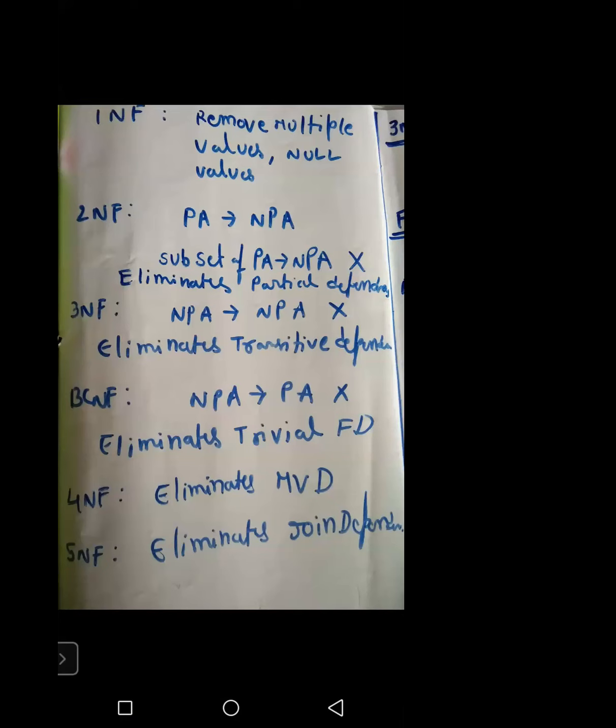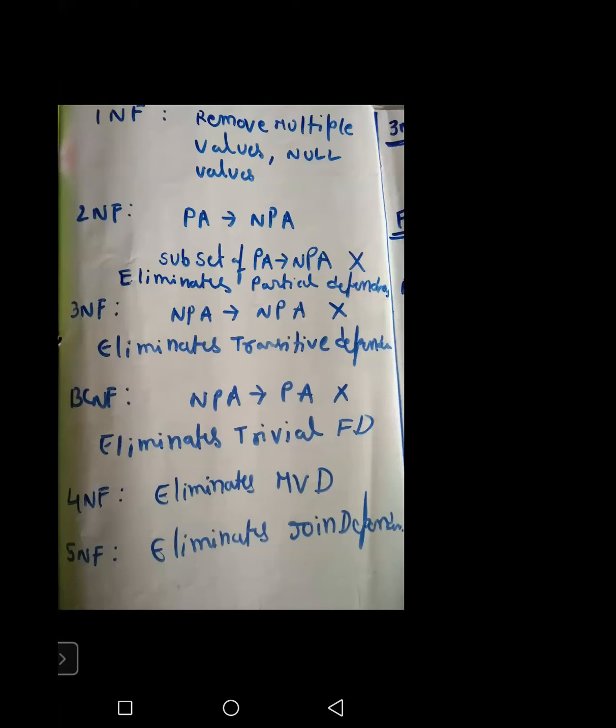So pin code is one of the non-prime attributes, and city and district are also non-prime attributes. The problem is not that a prime attribute determines a non-prime attribute; now one non-prime attribute determines another non-prime attribute. That's why such dependencies are removed in the third normal form. That is referred to as a transitive dependency.